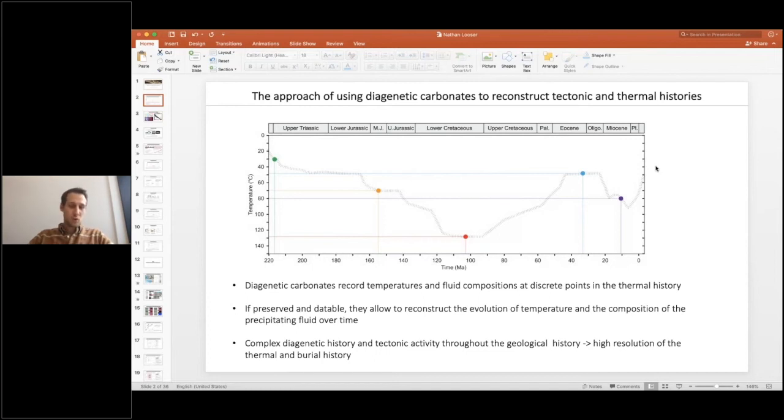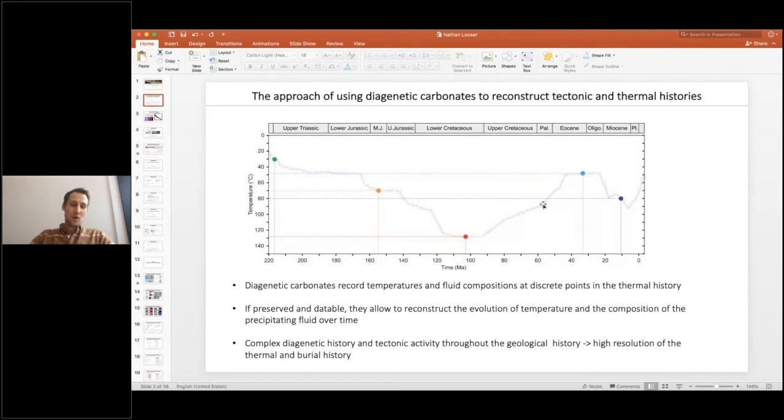So if we have the tools to assess the temperature data, the fluid composition, and the age, we actually get discrete points in time. Now, if these cements are preserved and datable, they allow us to reconstruct the evolution of temperature or the evolution of fluids during the lifespan of a sedimentary basin.